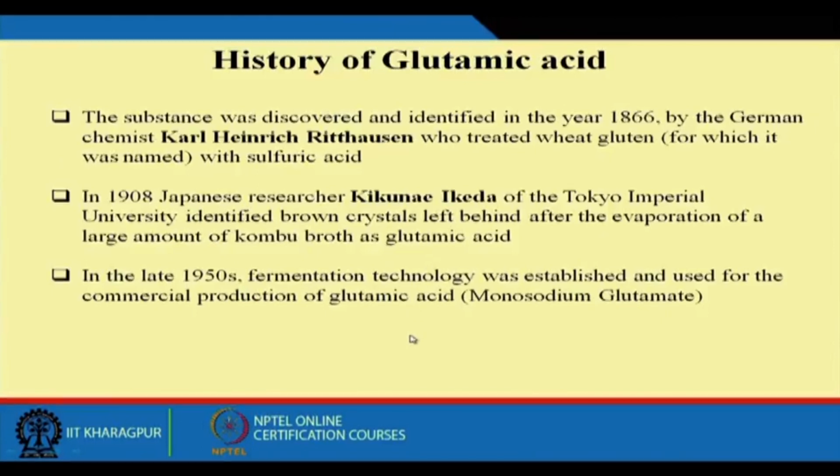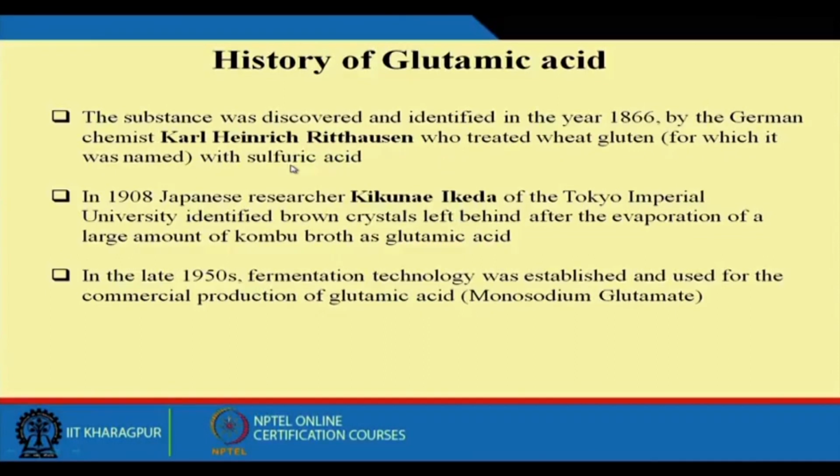Now, if you look at the history of glutamic acid, the substance was discovered and identified in the year 1866 by German chemist Karl Heinrich Ritthausen, who treated the wheat gluten, for which it was named, with sulfuric acid.